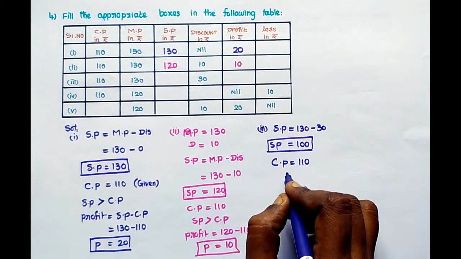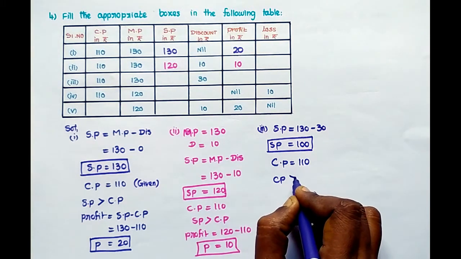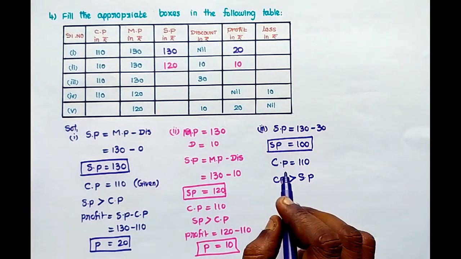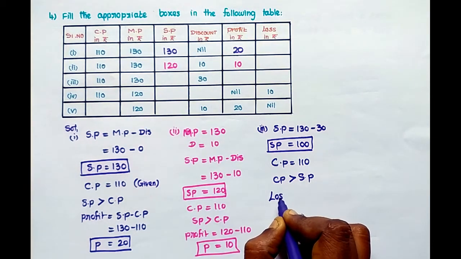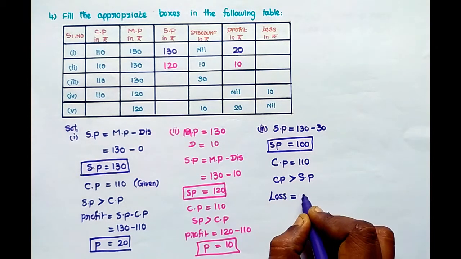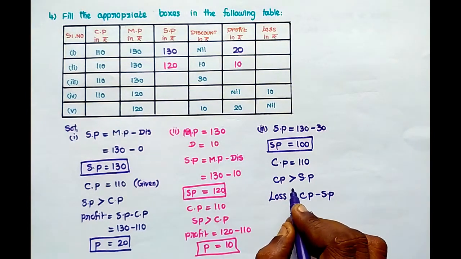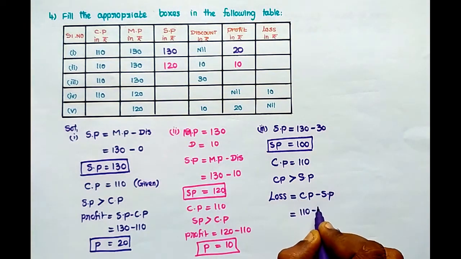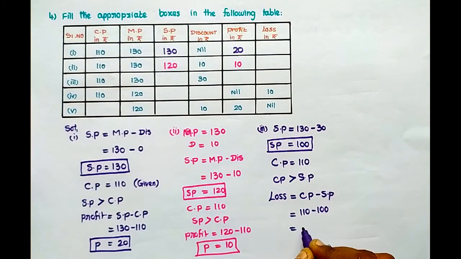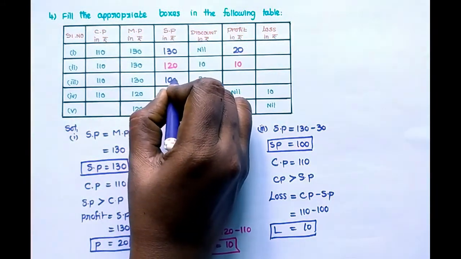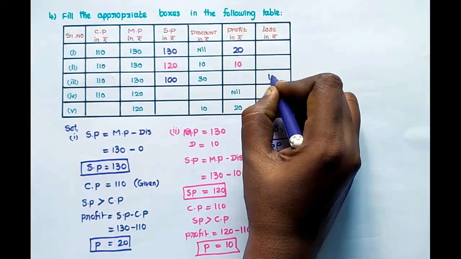Here cost price is greater than selling price. So what happened? Loss. Loss equals cost price minus selling price, that is 110 minus 100, that is 10 rupees loss. So selling price is 100, loss is 10 rupees.